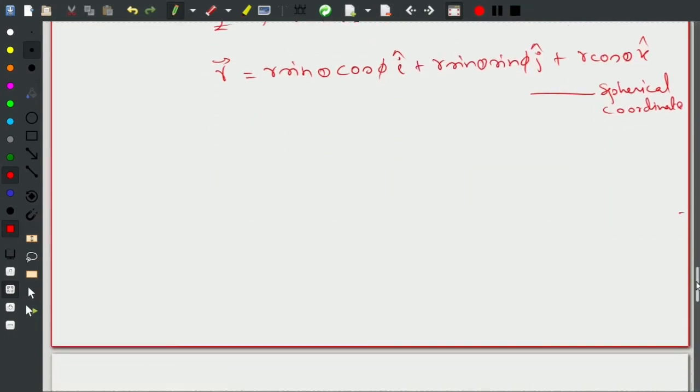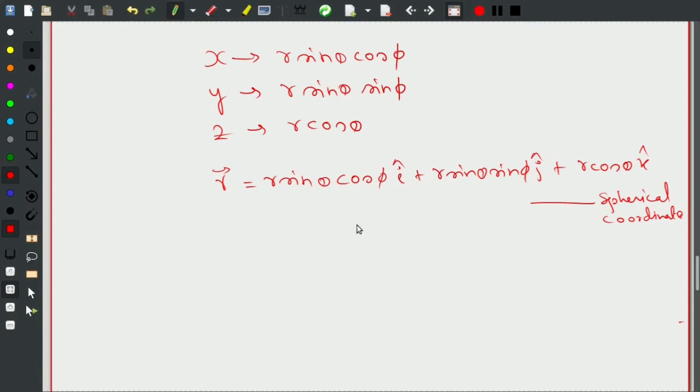So let's try to find the unit vectors for the spherical coordinates using curvilinear systems.